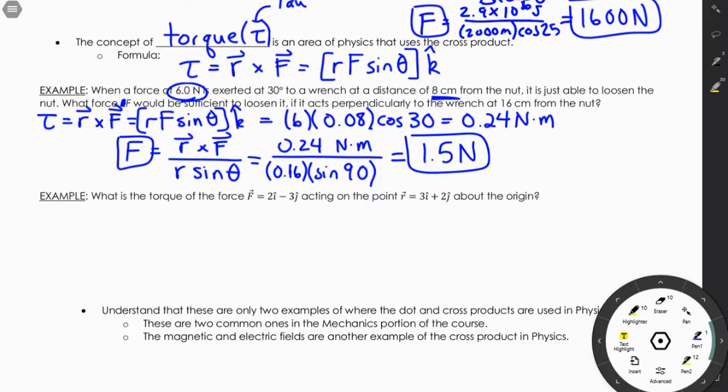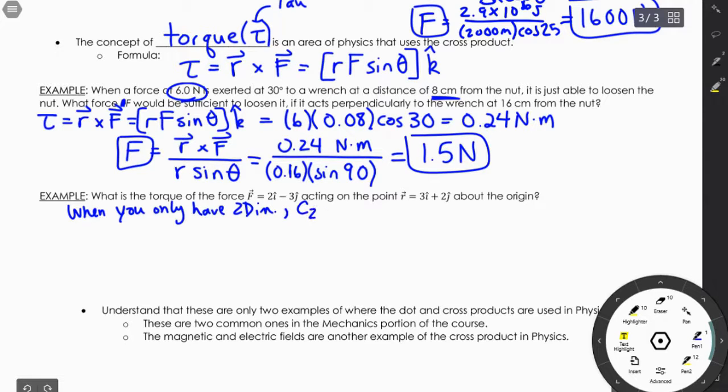What is the torque of the force F equal to 2i hat minus 3j hat acting on the point R, which is the vector R equal to 3i hat plus 2j hat, about the origin? One thing to note: when we did the cross product video, we talked about how most of them are going to be 3-dimensional. So when you only have 2 dimensions, you're only going to do the z calculation.